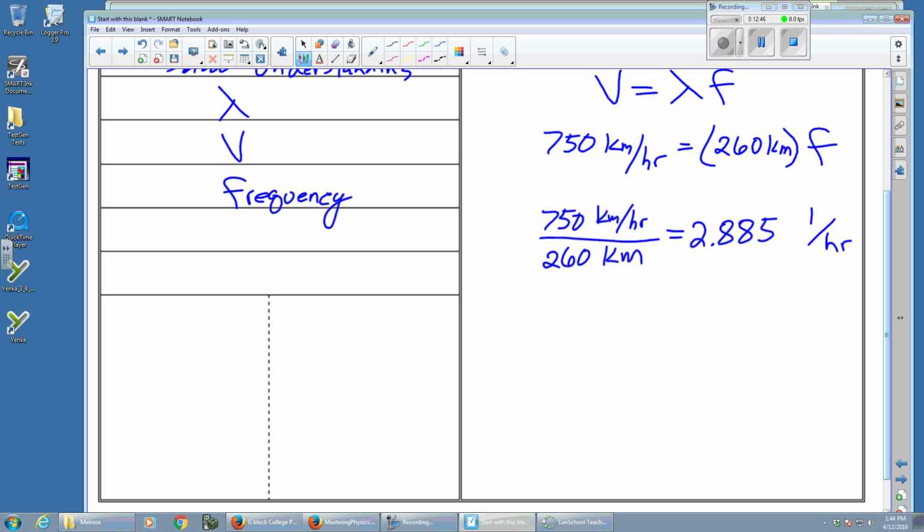Now, unfortunately, that's not the unit they asked me for. So I need to change it to hertz. Remember, the hertz is a 1 over a second, so I need to change hours to seconds.